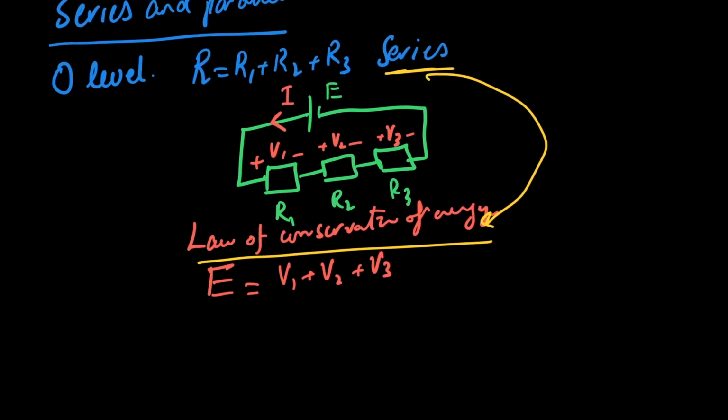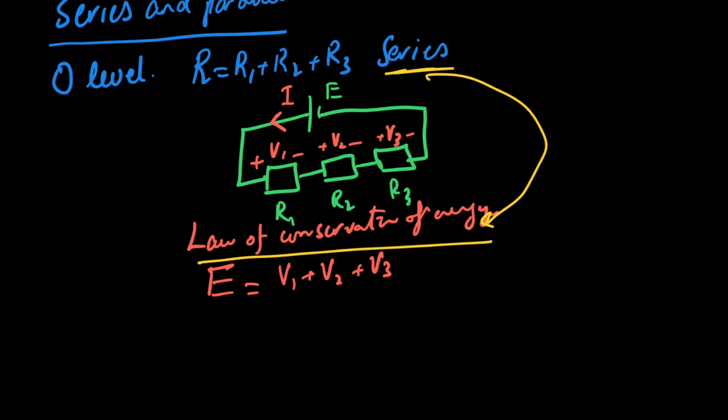So you must remember that you use the law of conservation of energy. Now, EMF is equal to energy lost against the first resistor, the second one, and the third one. V, potential difference, is the name of energy. EMF is also the name of energy. What is the difference? E is always connected or related to the cell, and the potential differences V1, V2, V3 are always connected to the load.